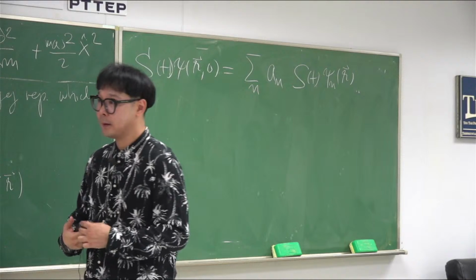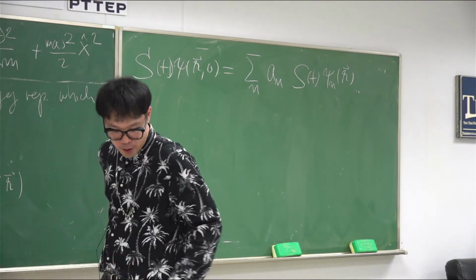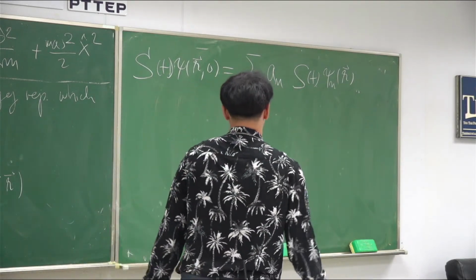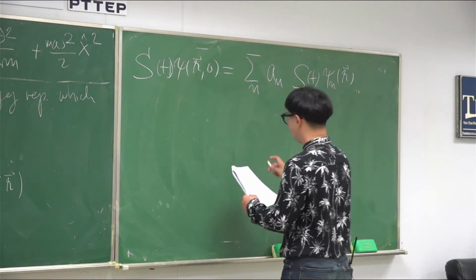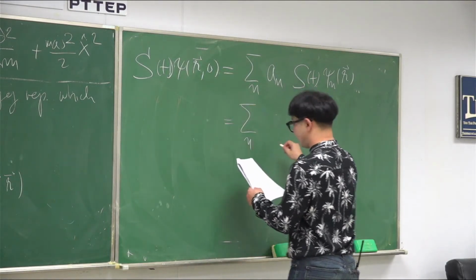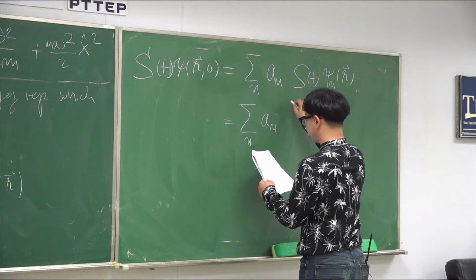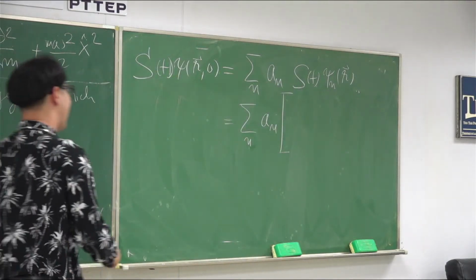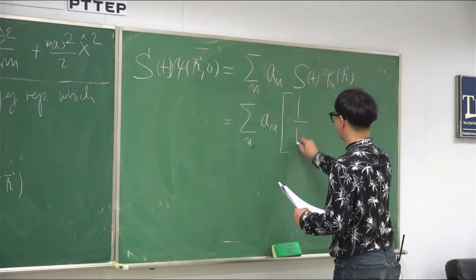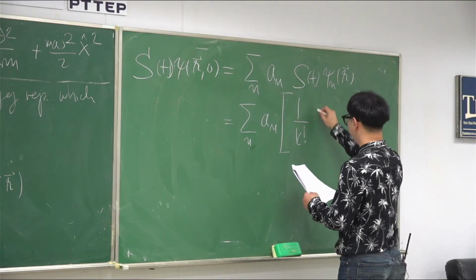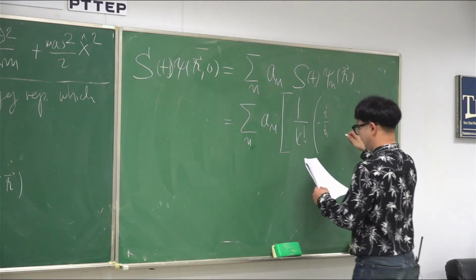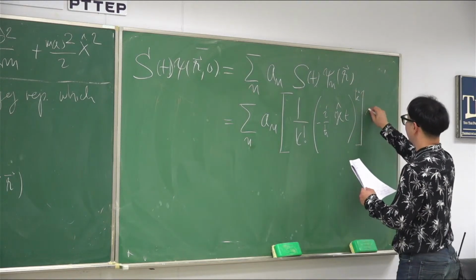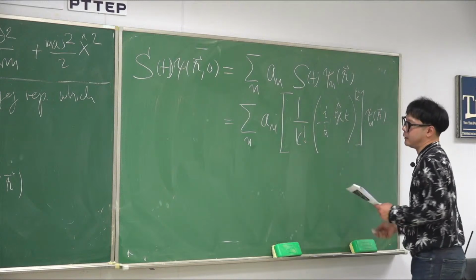Okay, I think it's better now. Here, what I'm going to do is the series expansion of that exponential, so I get k factorial times this to the power k.